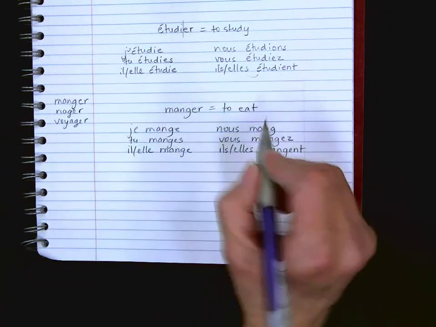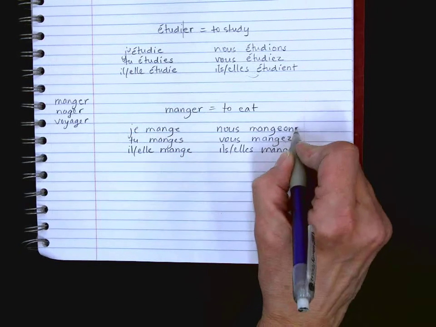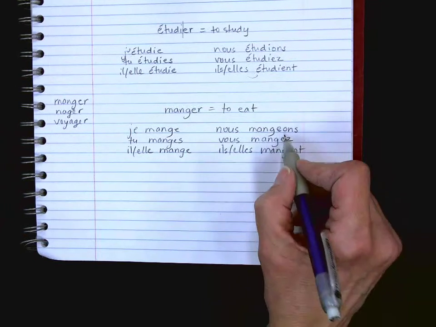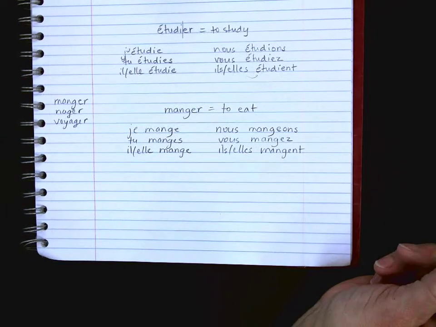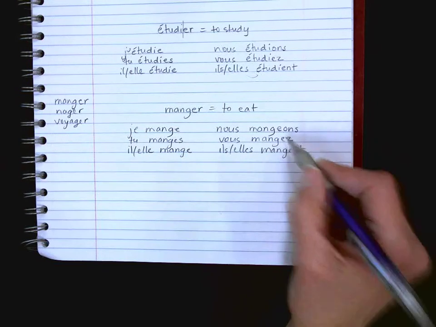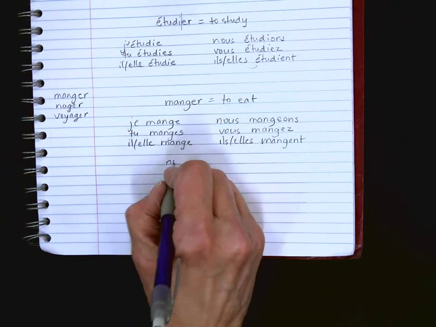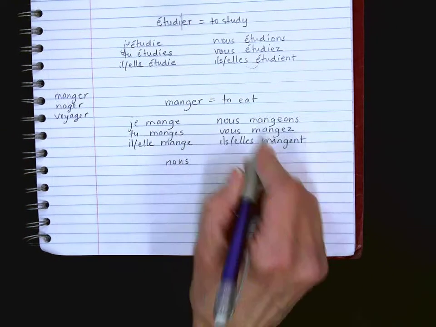E, right. So if you put an E there first, and then you add the ONS, you guys got it, quick. You end up with nous mangeons. And that makes it sound right. So this is the only exception to this little weird thing about the endings all being the same. It's still a regular verb. So if you wanted to say we are eating, it's nous mangeons.